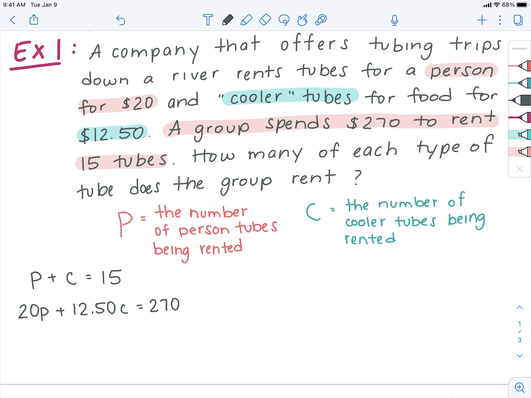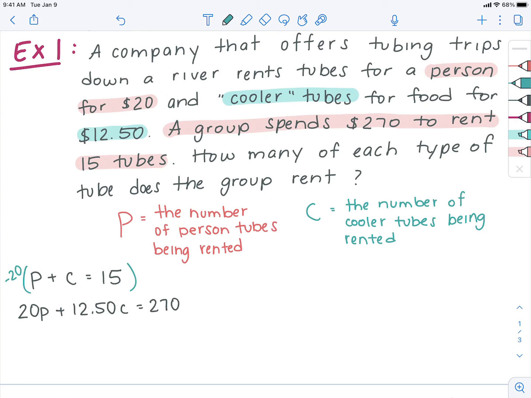So I'm going to decide, let's see, I'm going to multiply this top equation by negative 20. Because even though negative 20 is a big number, it's really only like I'm multiplying each thing by 2 and adding the 0 on, so it's not too much for me to work with there.